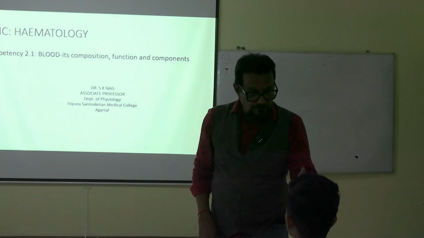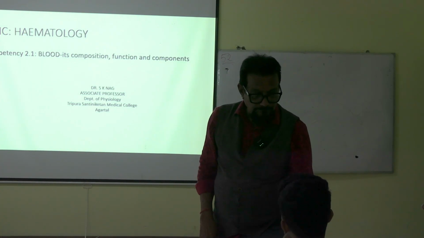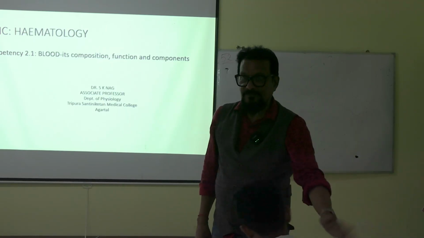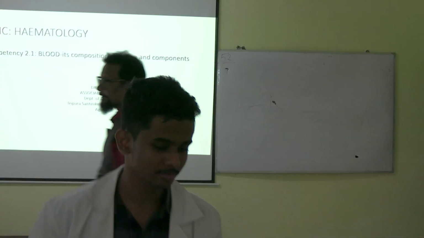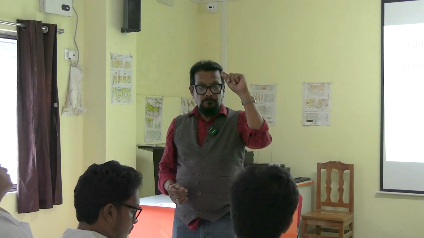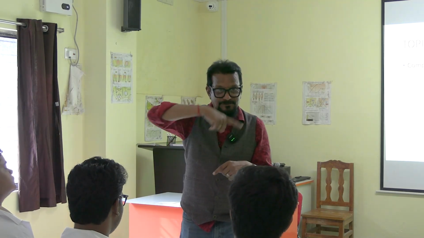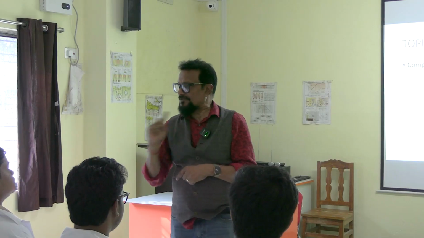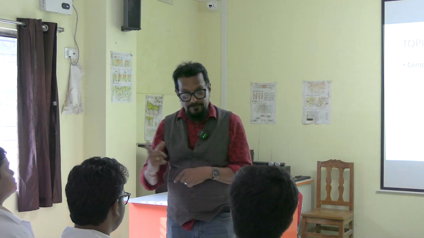Tell her to give you one Wintrobe tube. Which lab? This lab, the hematology lab next to this. First, I'll show you the hematocrit tube. From the hematocrit tube, now it has to be centrifuged. Here the tube will be rotated very fast for a certain period of time.